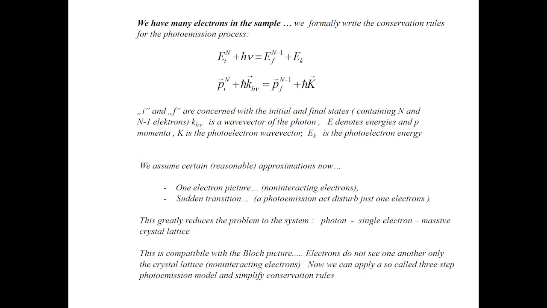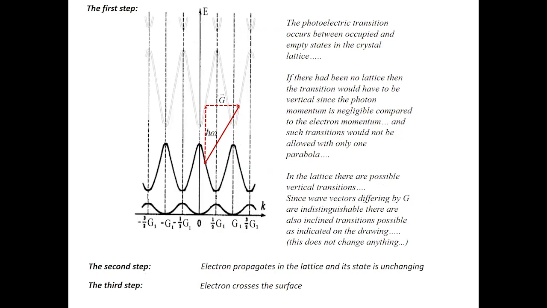Okay, and then you have this photoelectric transition on the dispersion diagram. You can neglect the photon momentum, because for the photon energy we use for the spectroscopy, it's really small compared to typical electron quasi momenta.